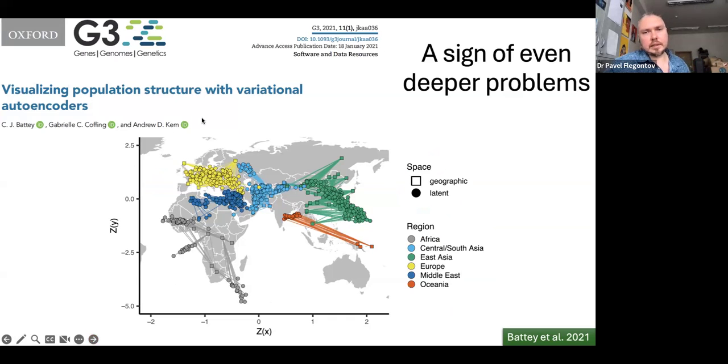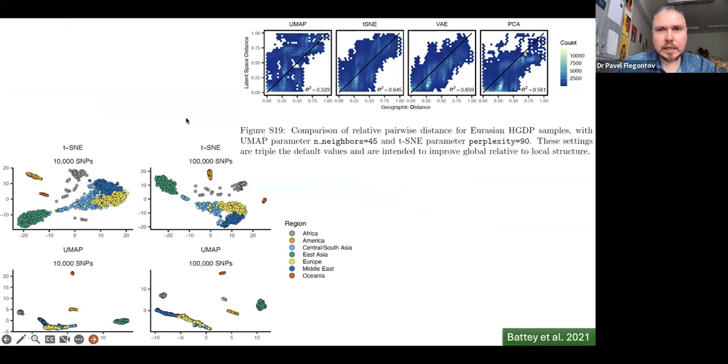Here the authors compare geographical coordinates with coordinates of individuals in the so-called latent space of this machine learning model. They measure the correlation between geographic distance on a sphere and latent space distance on this two-dimensional latent space.